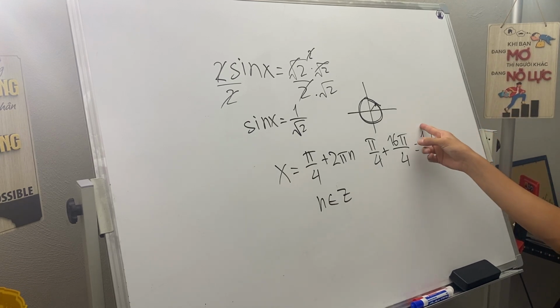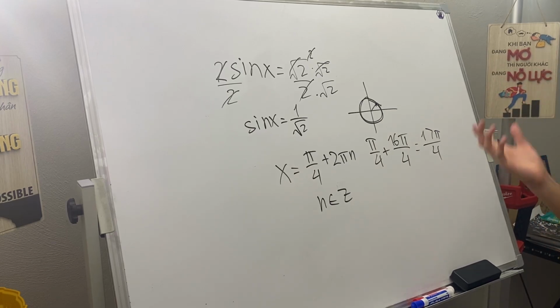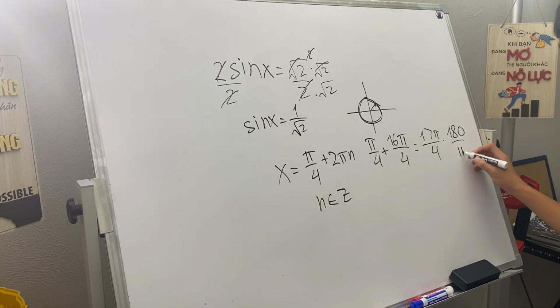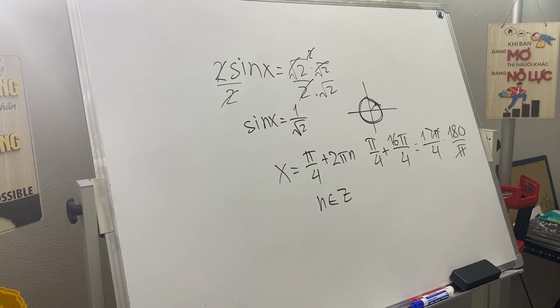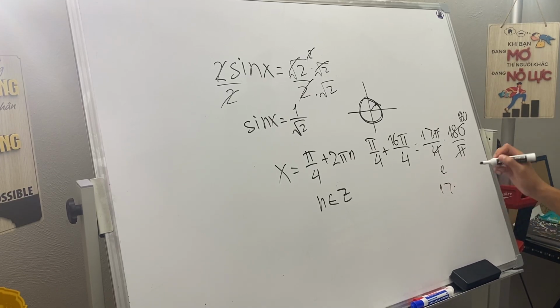17 pi over 4. I do not know where that is located. Let's convert to degrees so we can know where it's located. This reduced by 2. So you get 90 actually. 90 by 2 again. So you get 17 times 90 divided by 2, which is 45.